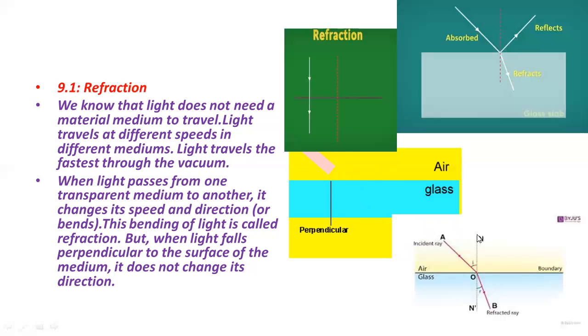This is the imaginary line which we call the normal, and you can see that when light enters from air into glass, it bends towards the normal.